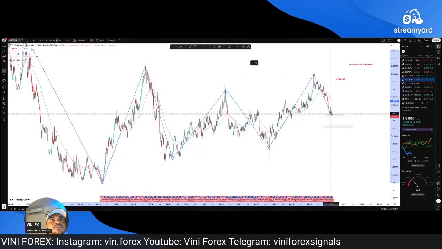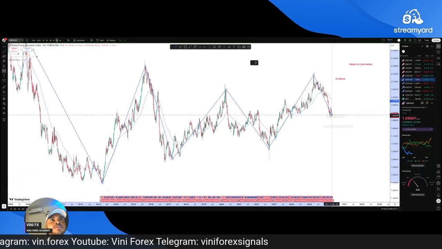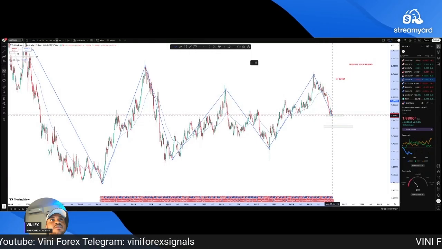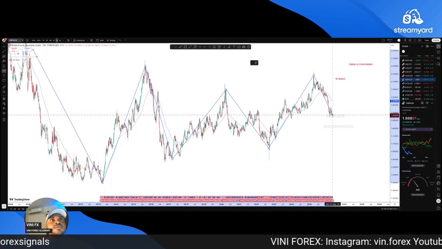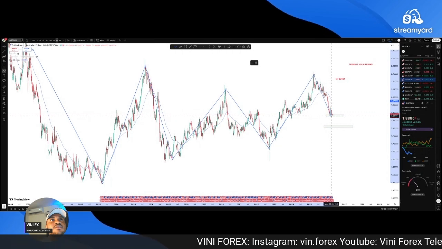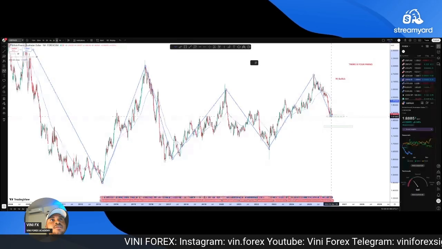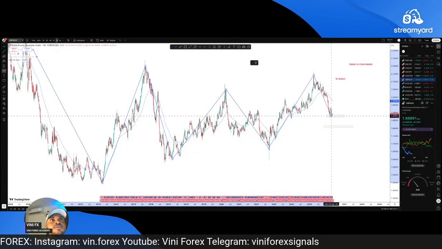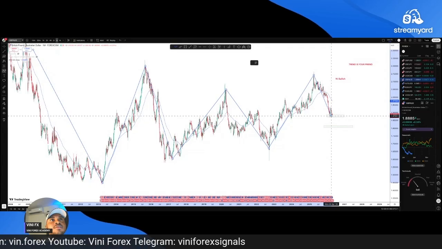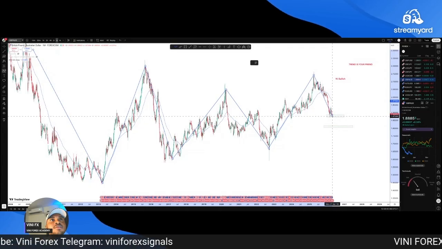And then this market is coming down to give you, we are assuming it's going to give us a higher low. Remember we placed our fib level there, and this is exactly the 50 fib level right here. You see that?